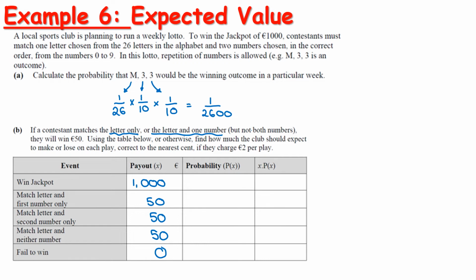So the chance of winning the jackpot is 1 over 2,600. Then we need to figure out, what's the probability of matching the letter and the first number? That's going to be 1 over 26, match the first number, and then we don't match the second number. So that's 9 over 10, which gives us 9 over 2,600.